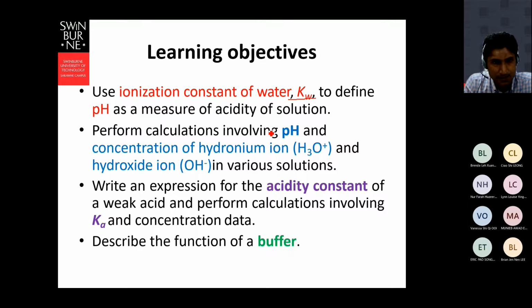And with that pH, we will start to calculate the hydronium ion and hydroxyl ion. And this hydronium ion is directly related to pH. The hydroxyl ion is indirectly also related to pH. We will see that because there are pH and pOH. So it is pH and this is related to pOH.